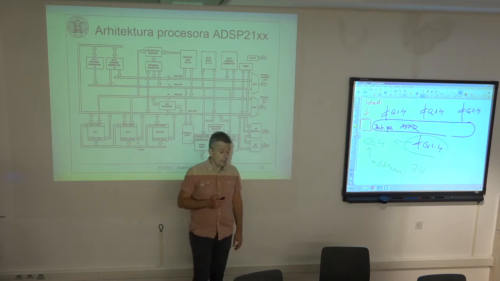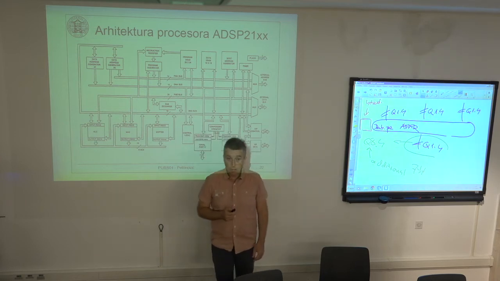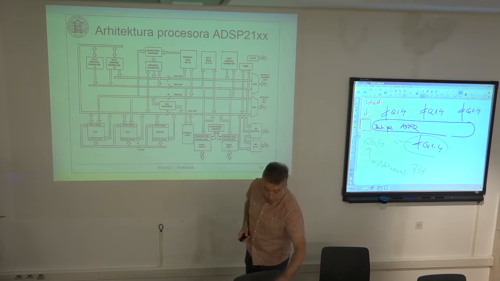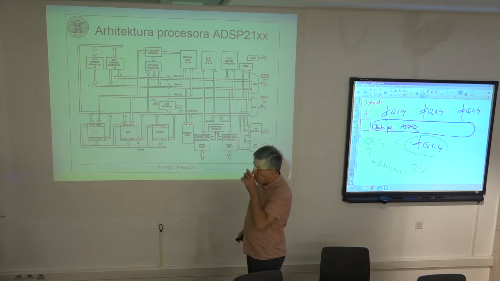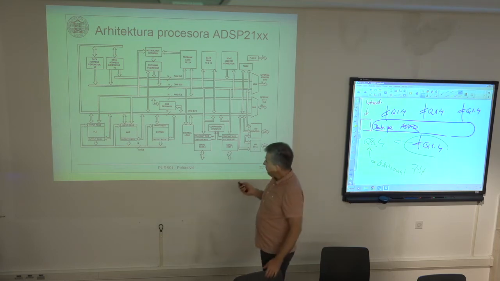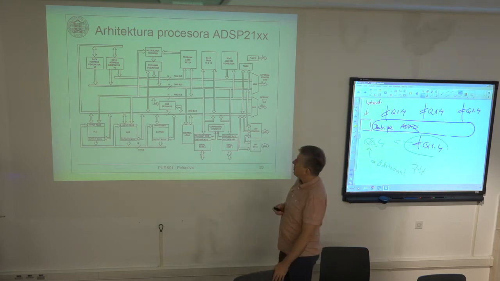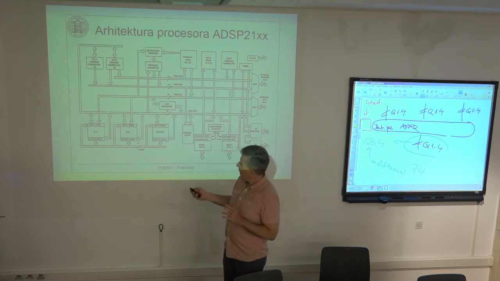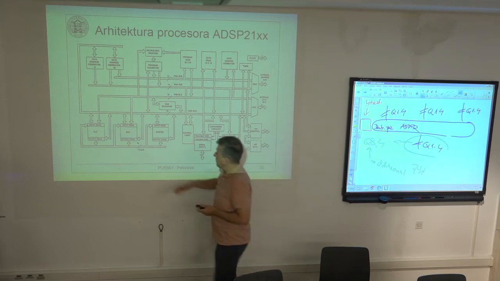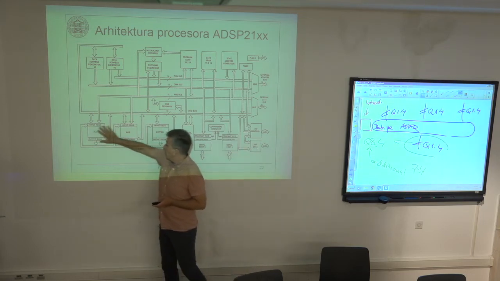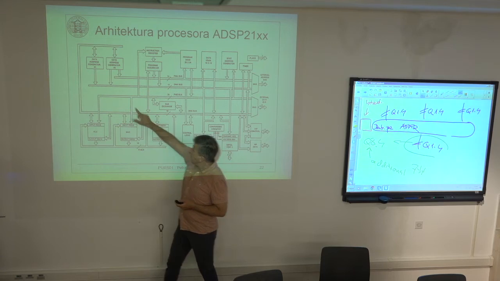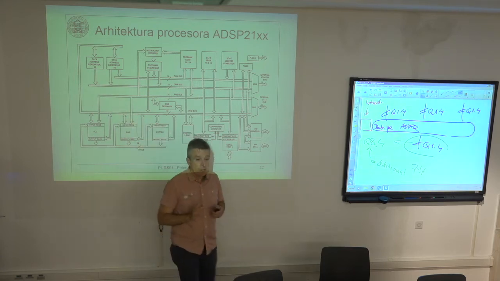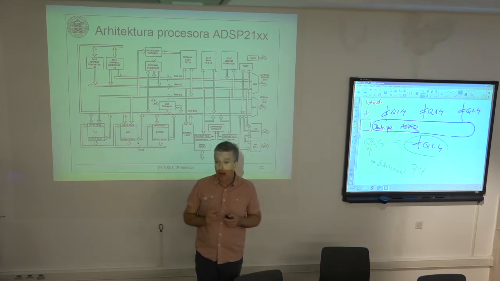how does this DSP21XX look inside? So this block diagram shows the internal architecture of this DSP. First of all, from this image, we can see many execution units. So these three are execution units. These two above are also execution units, but related to address generation.